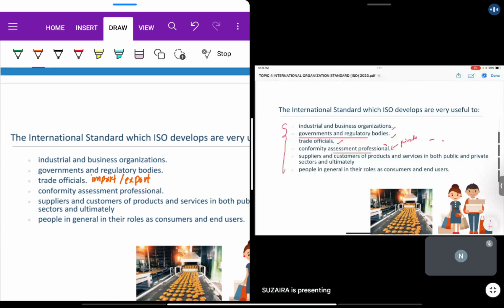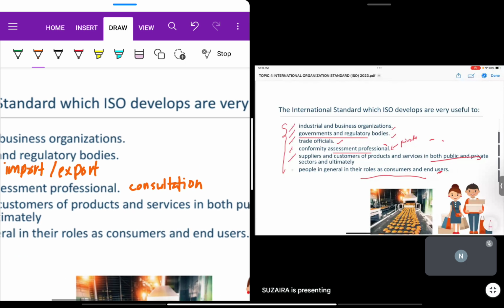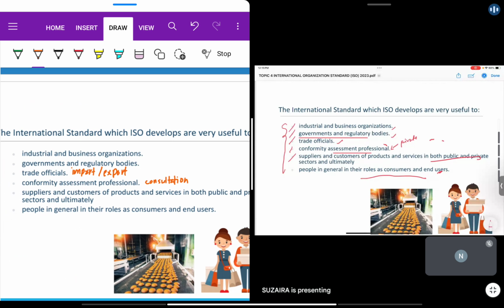Number five is suppliers and customers of products in both public and private sectors. And last but not least, the consumer and end user. So the consumer is happy, the manufacturer is happy, the supplier is happy. Everyone is happy from the ISO development. Everyone gains the benefits from the ISO.